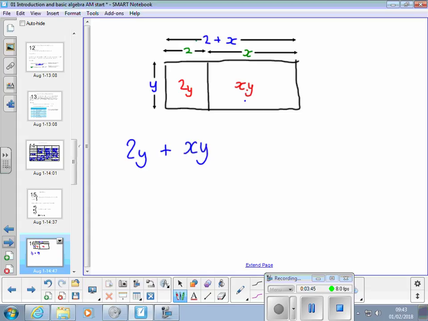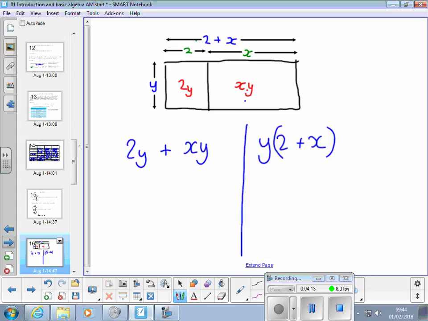Alternatively, I could write an expression for this length as 2 plus x and this length as y. So alternatively, I could write that. Yep.